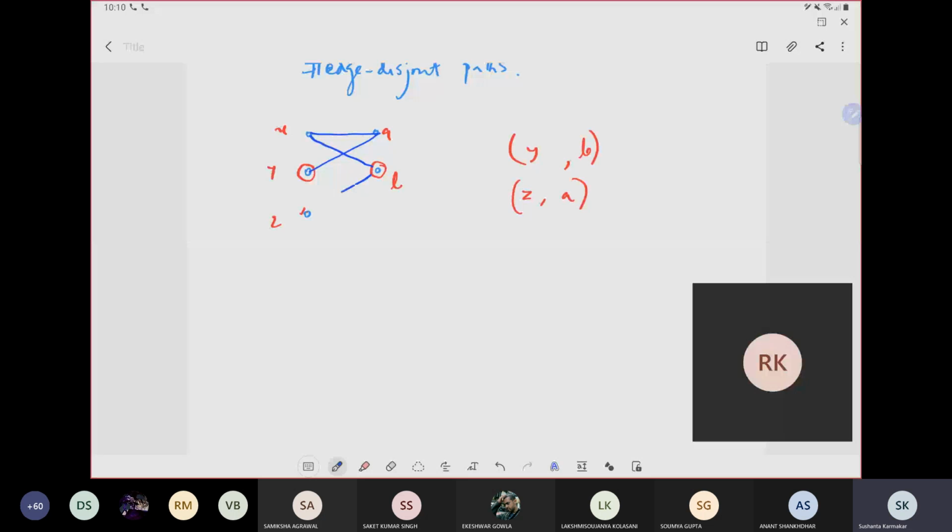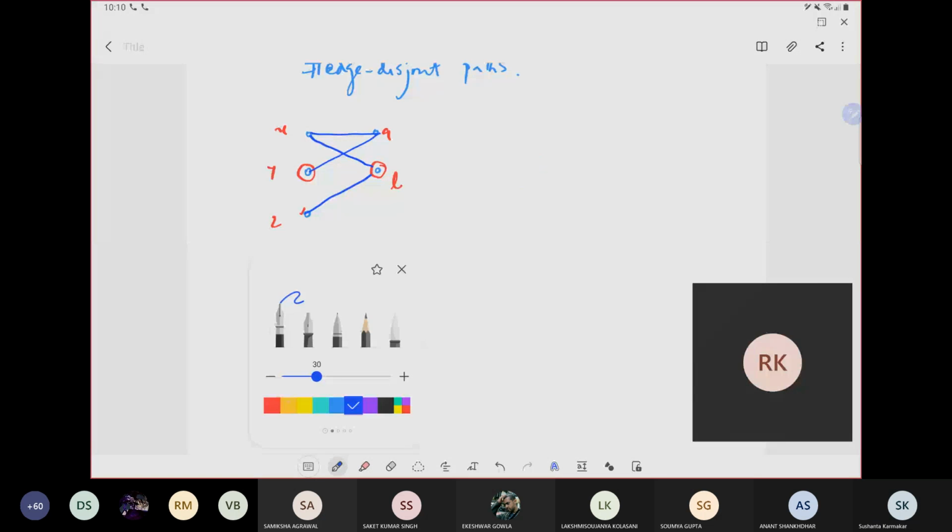Then what I can do is, if I take X and A, let's say I take X comma B as the pair.